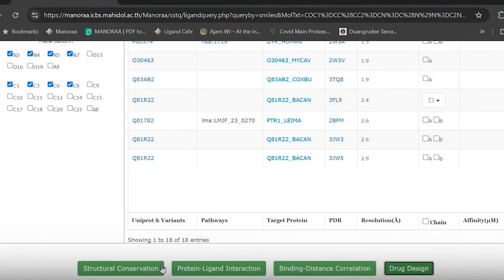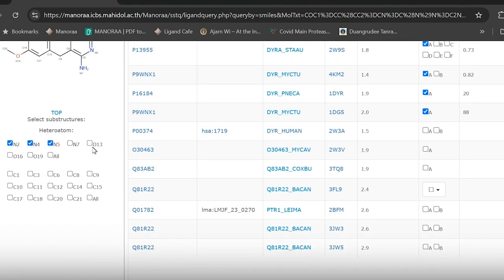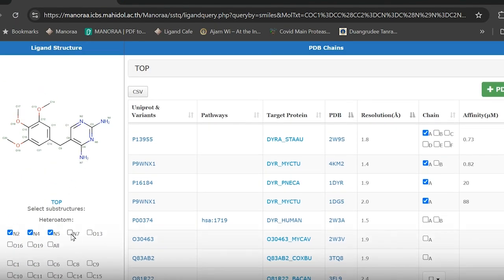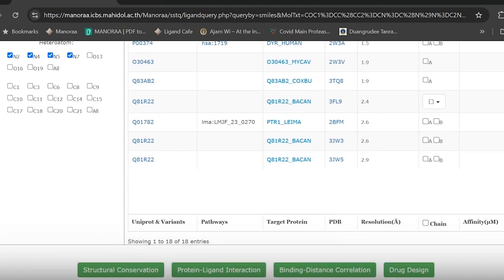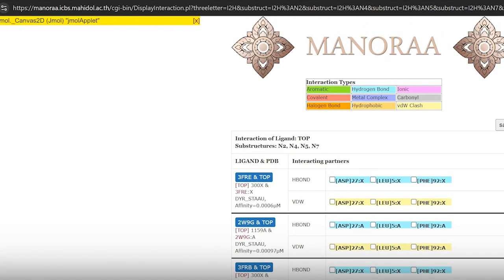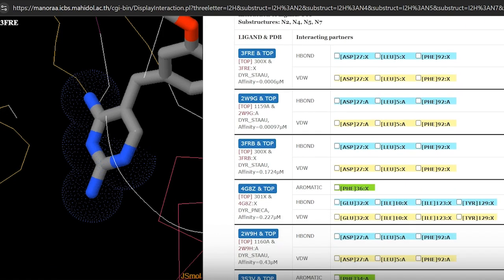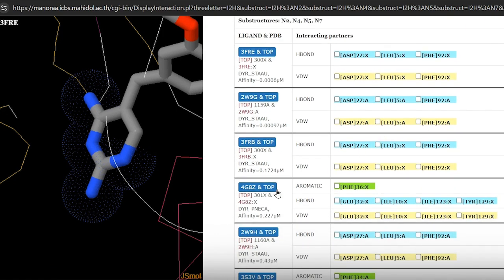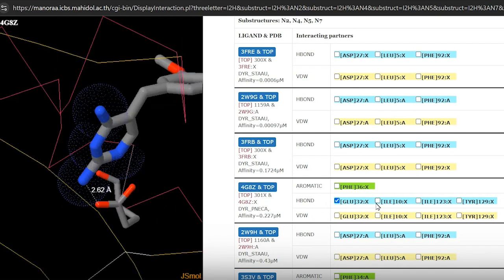And we can also see the protein ligand interaction. Let's say if we want to observe this nitrogen, we can choose protein ligand interaction. And you can see that these interactions in Pneumocystis carinii have 4 hydrogen bonds.